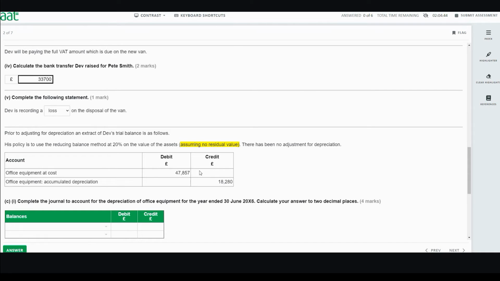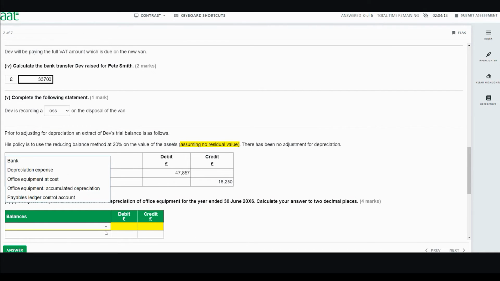So you've got 47,857 minus 18,280 equals 29,577. So that's your net book value or carrying amount. It says it's 20%, so times that by 20%, which means that the depreciation charge for the year would be £5,915.40.